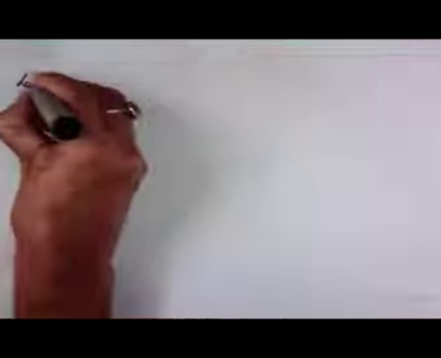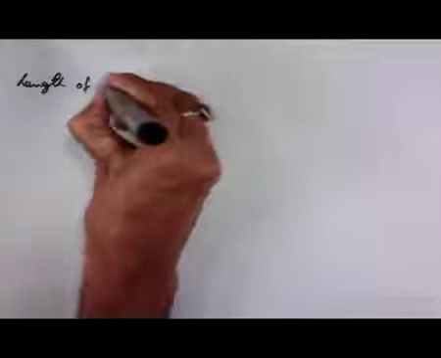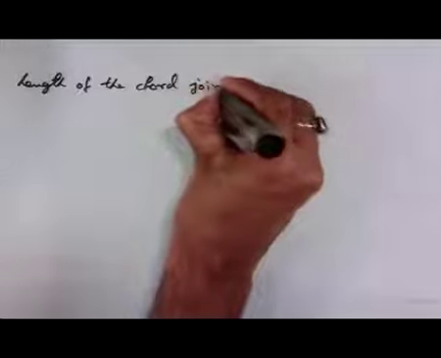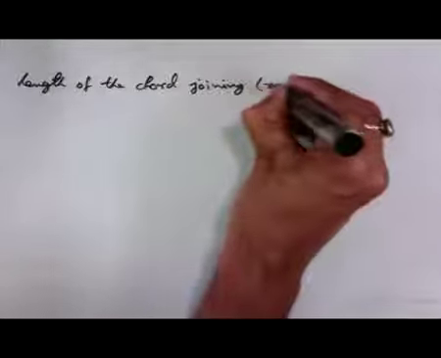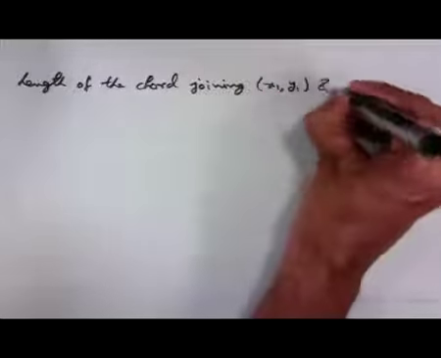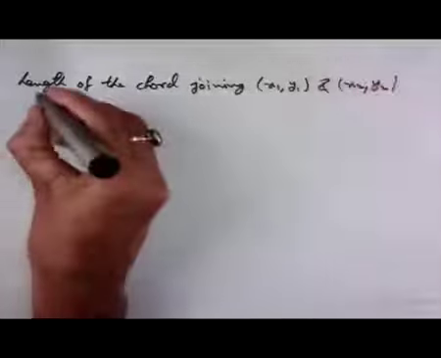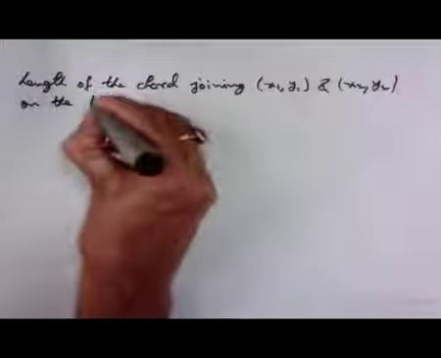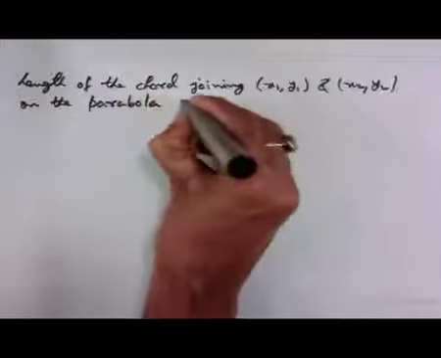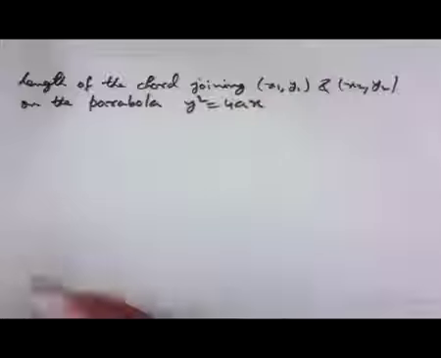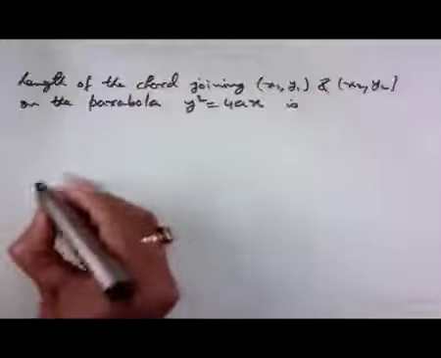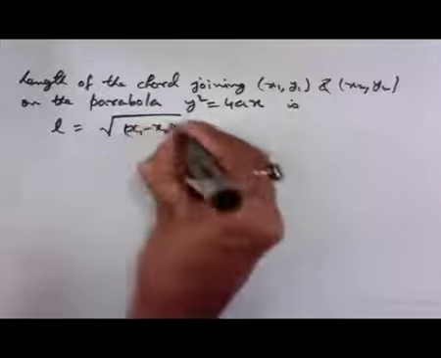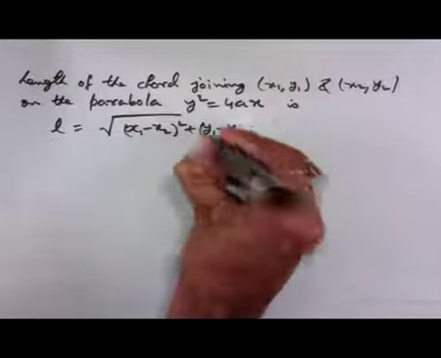So, the length of the chord joining x 1 y 1 and x 2 y 2 on the parabola y square equal to 4 a x is L equal to square root of (x 1 minus x 2) square plus (y 1 minus y 2) square.